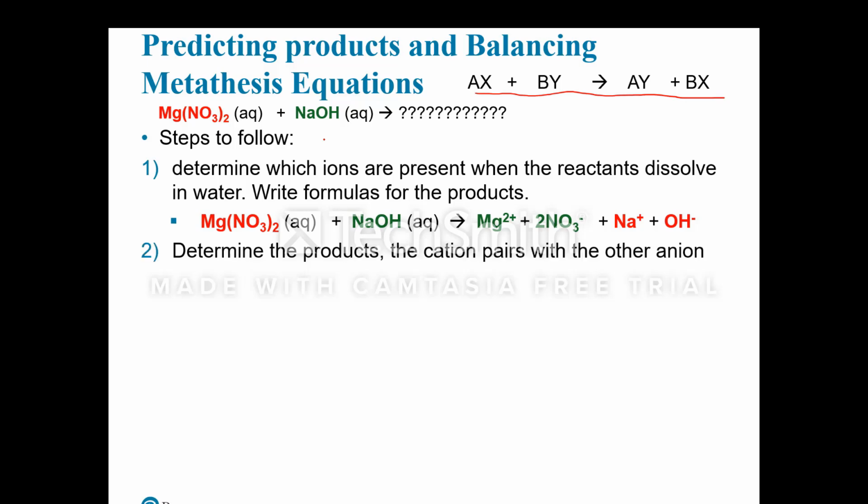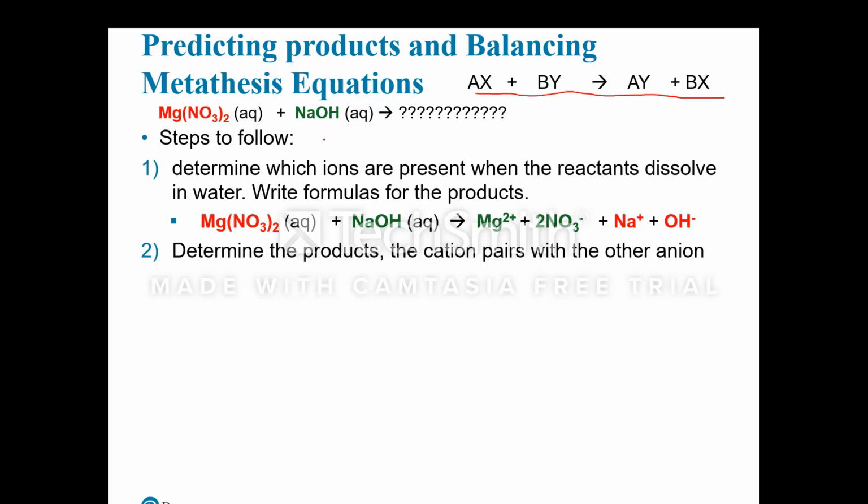What happens when these ions come into contact with each other? They could either stay as ions or they could combine together to form a precipitate. The solubility rules will help us determine what's going to happen in a particular reaction. In this case, sodium and magnesium don't combine because they're both cations.